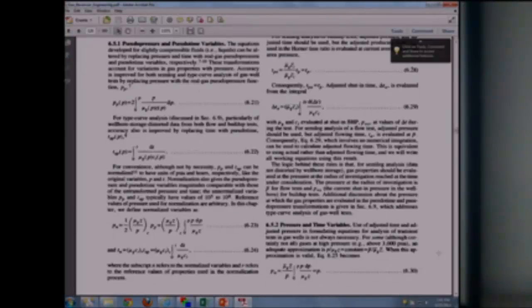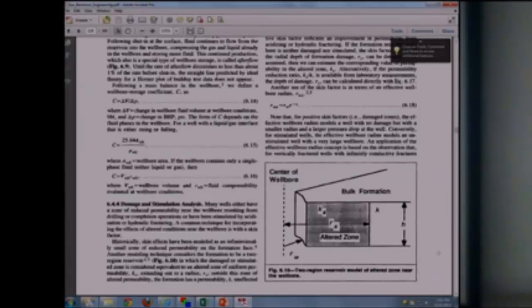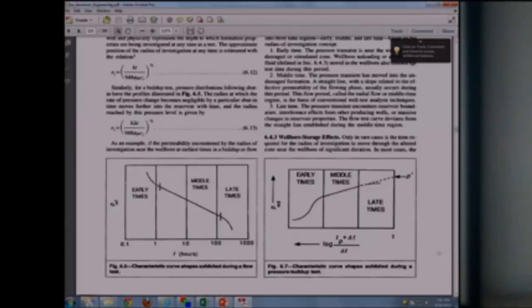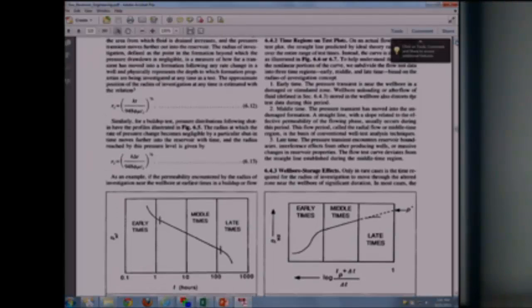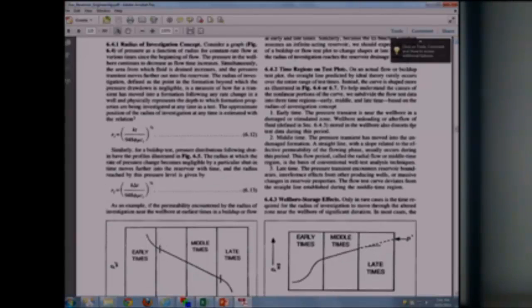Where is our wellbore storage, radius of investigation? Right here. I'm going to copy paste this over.